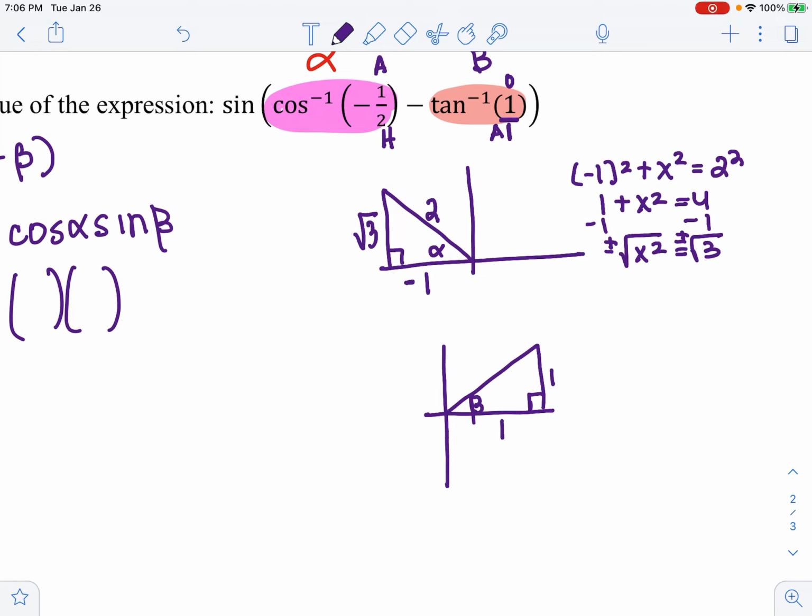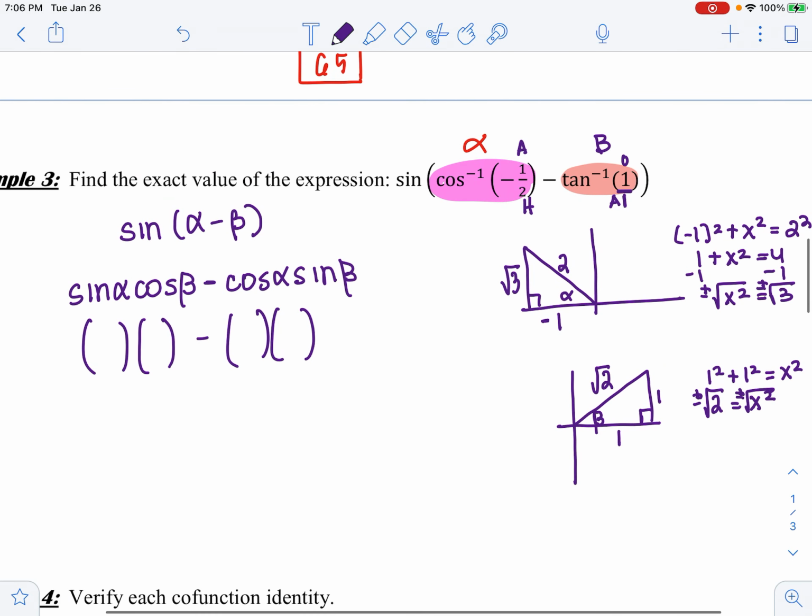Opposite is 1, adjacent is 1. Pythagorean theorem: 1 squared plus 1 squared equals x squared. That's 2 equals x squared. Square root, plus or minus. So I have my hypotenuse. Remember, hypotenuses are always positive, root 2.